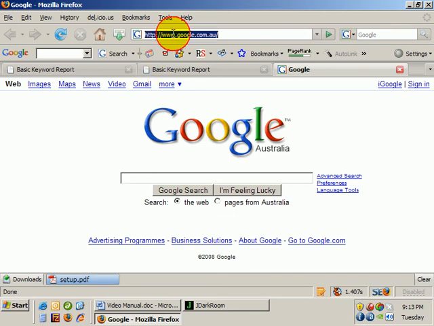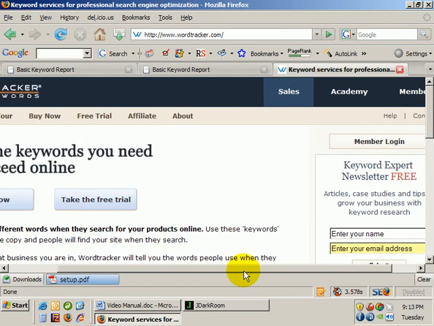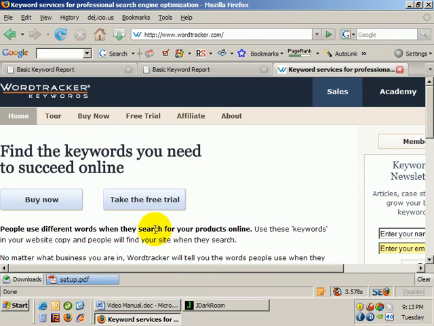And if I go to wordtracker.com, which is probably a good example of a product in the same marketplace that does a similar thing. WordTracker is sort of a keyword research tool, and one of the features of Track.to, the product that we're selling here, is that it does some really in-depth keyword research. So we'd have a look at other products in this market, and this is one of them.